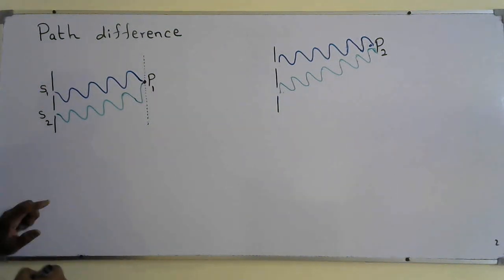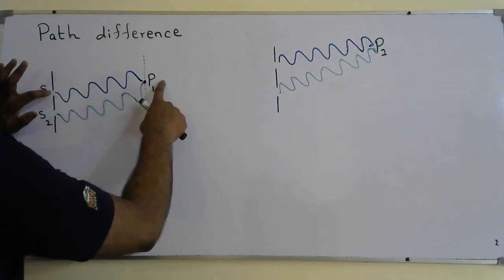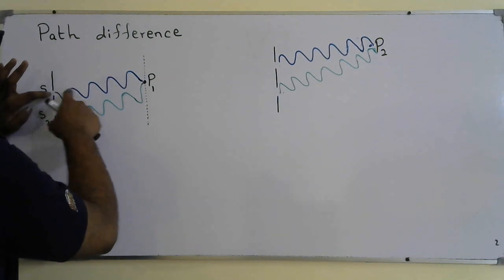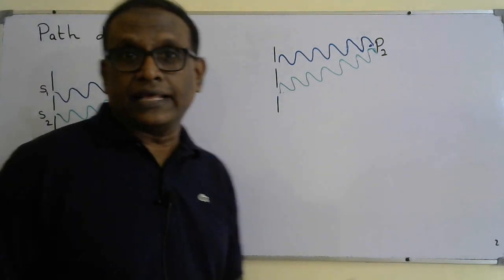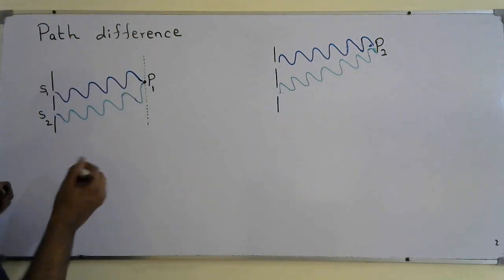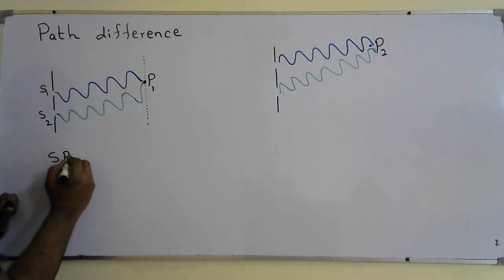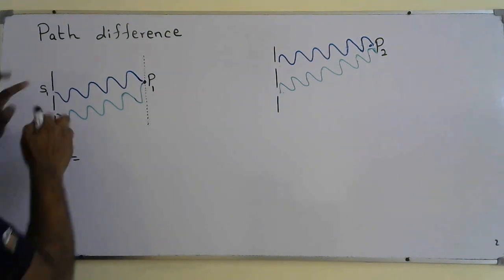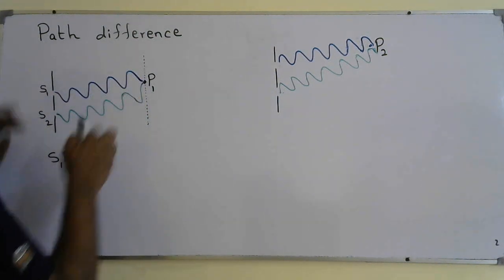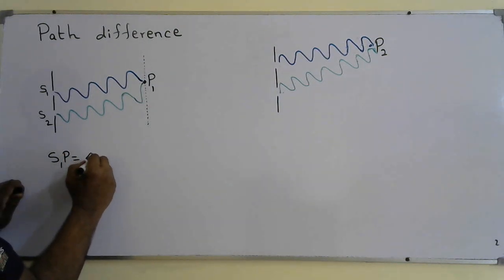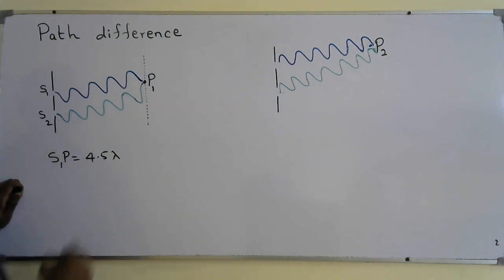The distance traveled by the wave from S1 to P is this distance. We can measure this distance. I can give the distance in terms of wavelength. What's the distance from S1 to P? From here to here, 1 wavelength, 2, 3, 4, 4.5 wavelengths.